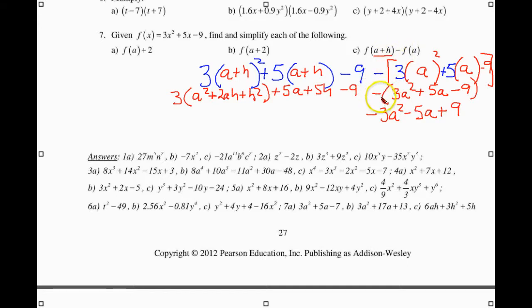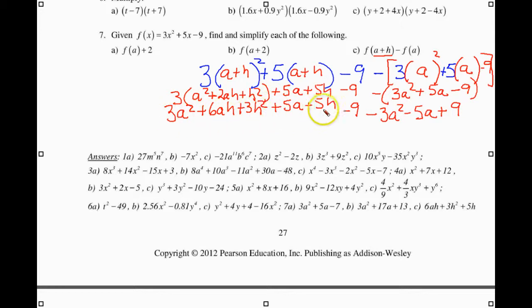Now, to remove the parentheses with a negative in front, I just changed all of these. This was positive, now it's negative. This was positive, now it's negative. This was negative, now it's positive. And I'm going to work on this. So I'm going to take the 3 and distribute it. Get this, get that, get this.